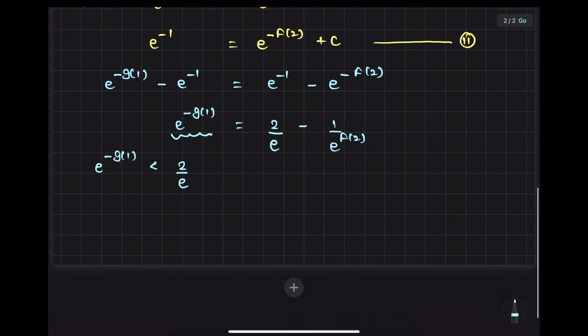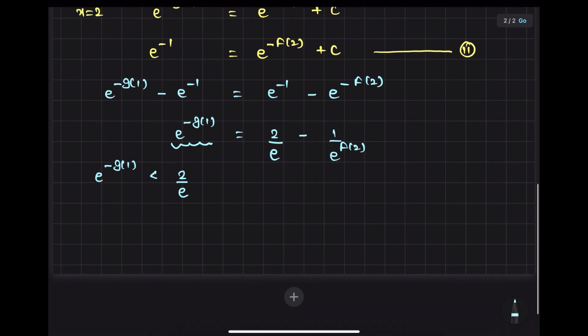Now what I want to take? I want to take ln both sides. You know that ln is an increasing function. Also you know that if you take or remove an increasing function, it doesn't affect the sign of the inequality. Correct? So can I take ln both sides?